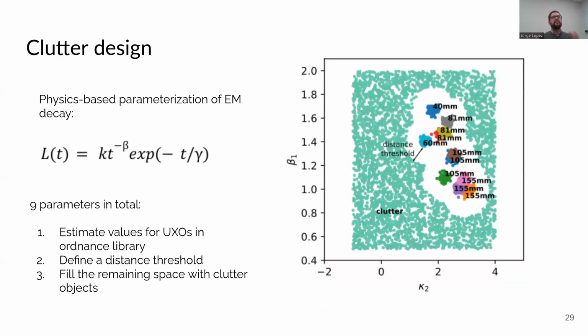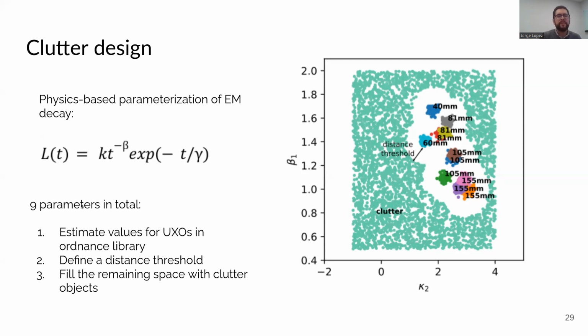So going back to the clutter, this is a very important step, because if we don't come up with a clutter object that can account for all the variability we expect, all the metallic objects that are not a UXO, it's difficult to design manually. So we use this parameterization, where each of the polarizability curves has 3 parameters, K, beta, and gamma.